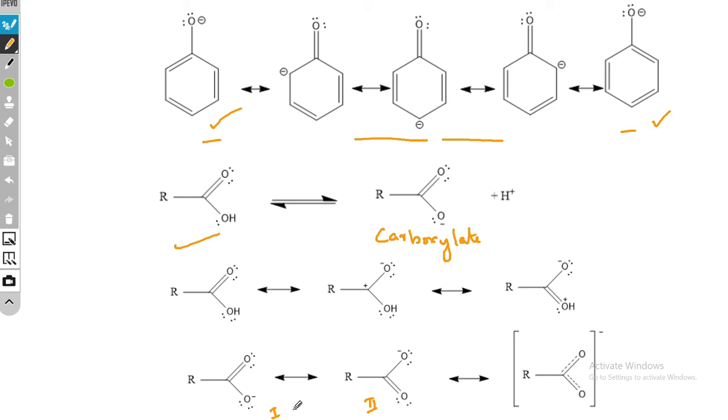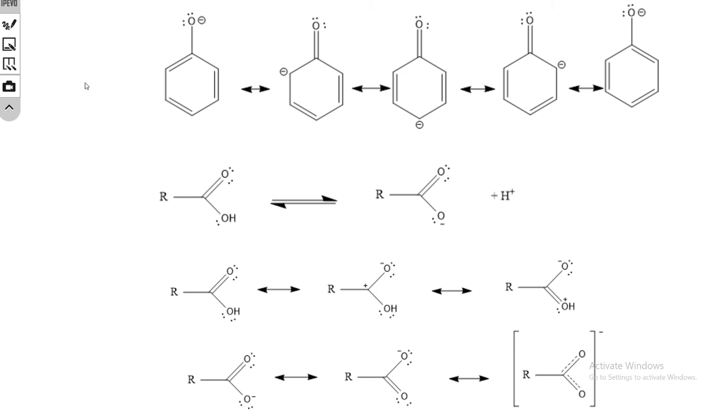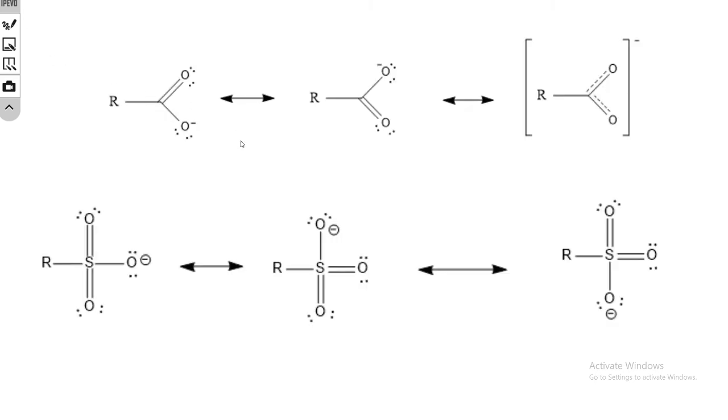So the stability of this will be very high as compared to this. So carboxylic acids are more acidic than what? Phenol.